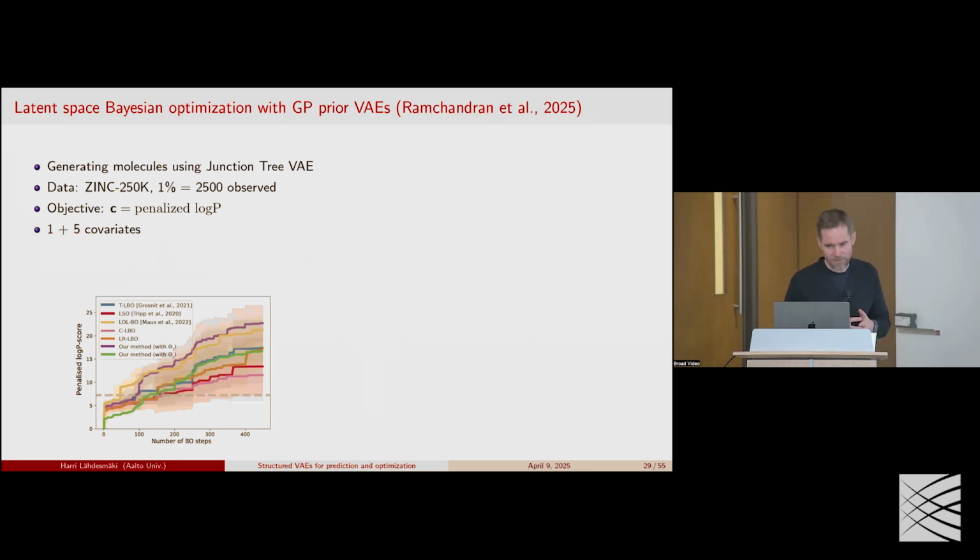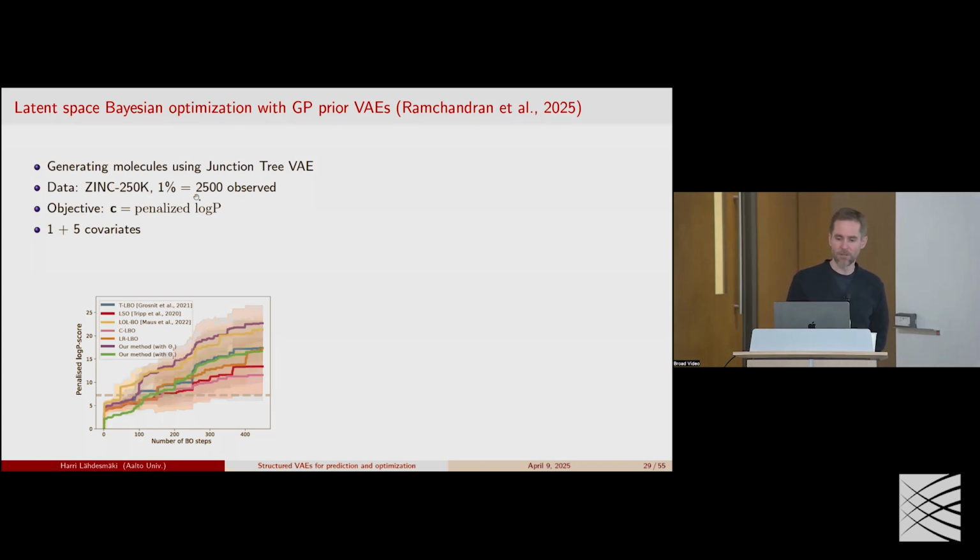And here are a couple of examples of how this works. The first focus is on generating molecules using the junction tree VAE. This is probably not the state-of-the-art technique for molecules anymore, but it doesn't really matter. We are giving all models the same VAE architecture and only changing the way we treat the latent variables. The data is from ZINC 250K, and we assume that only 1% of those have been observed.